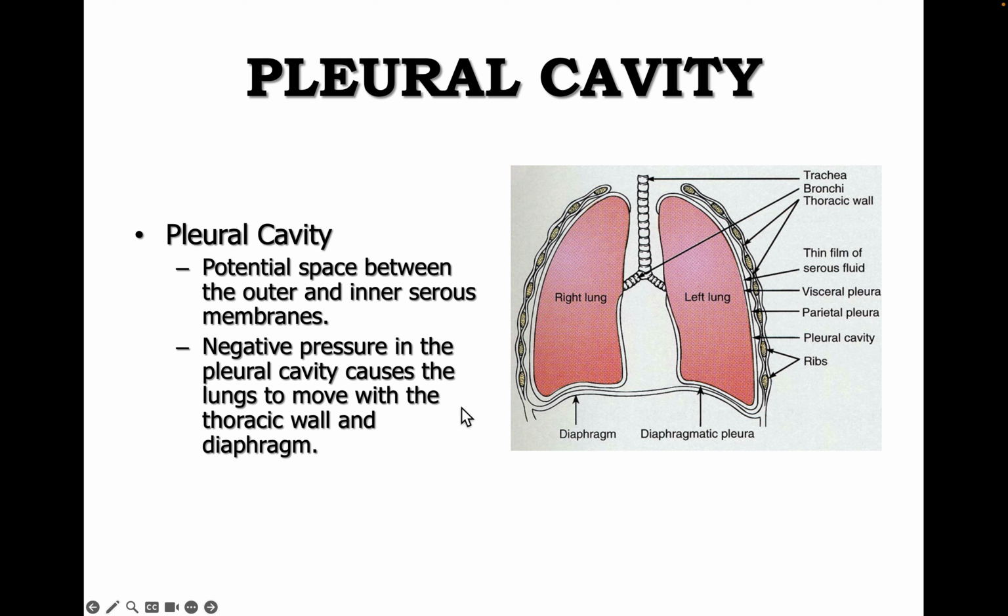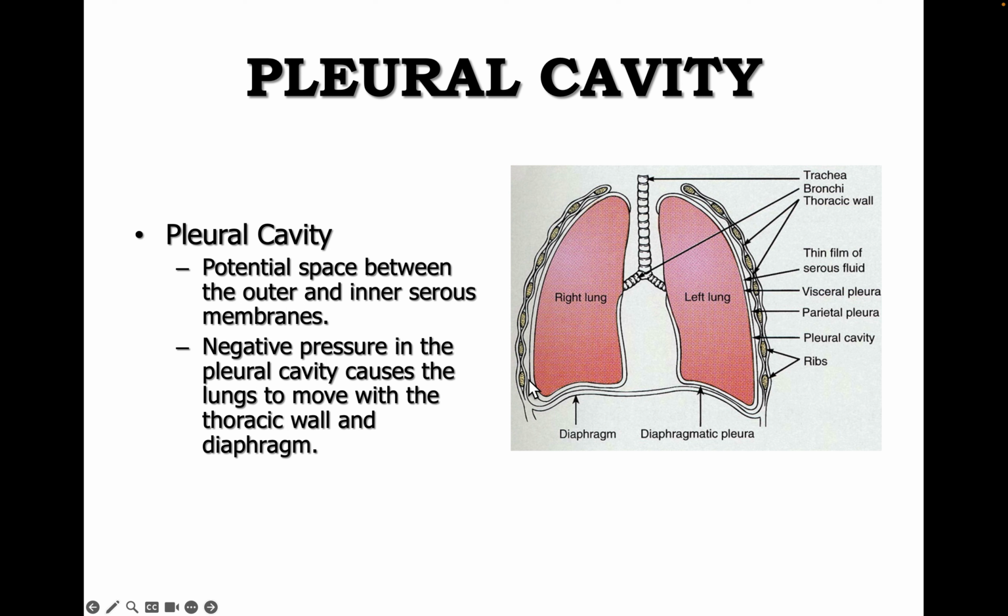Now, along with talking about air on the inside of your lungs becoming either an area of higher pressure or lower pressure compared to the outside of the body, we've also got this cavity called the pleural cavity. Essentially it's this space between the outer and inner membranes of the lungs.